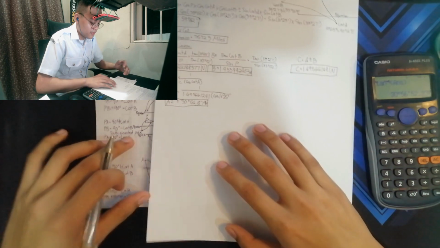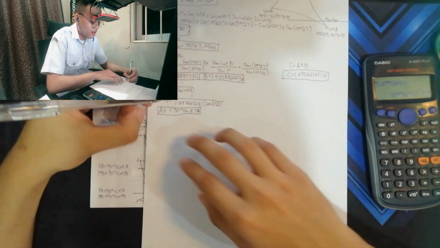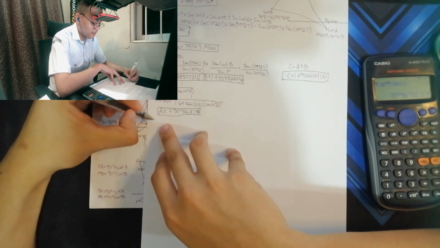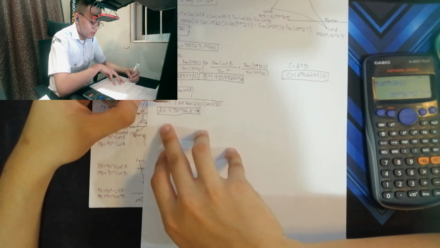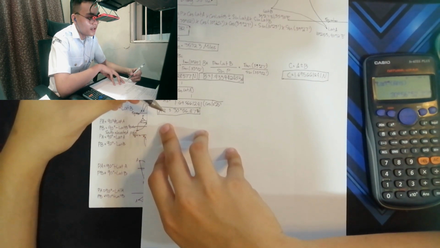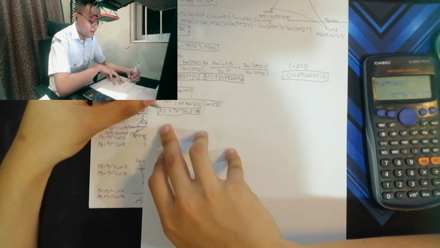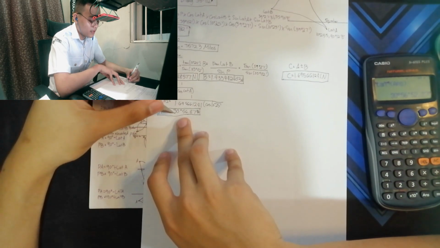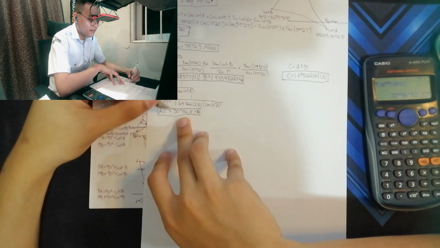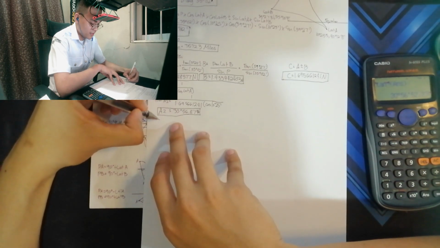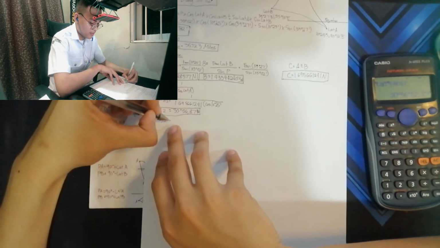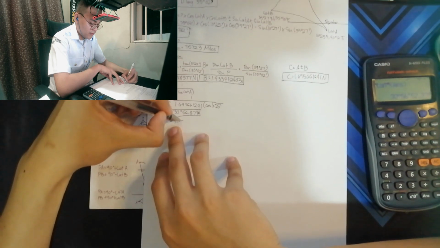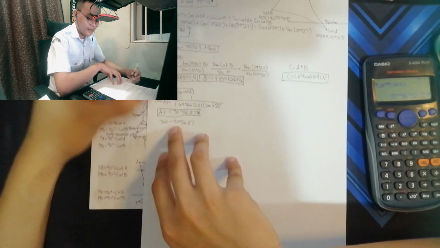Then let's proceed in finding the true course of your initial course. To find the true course, from your answer of 30 degrees, we're gonna minus that one to 360. So 360 minus 30 degrees 56.87.